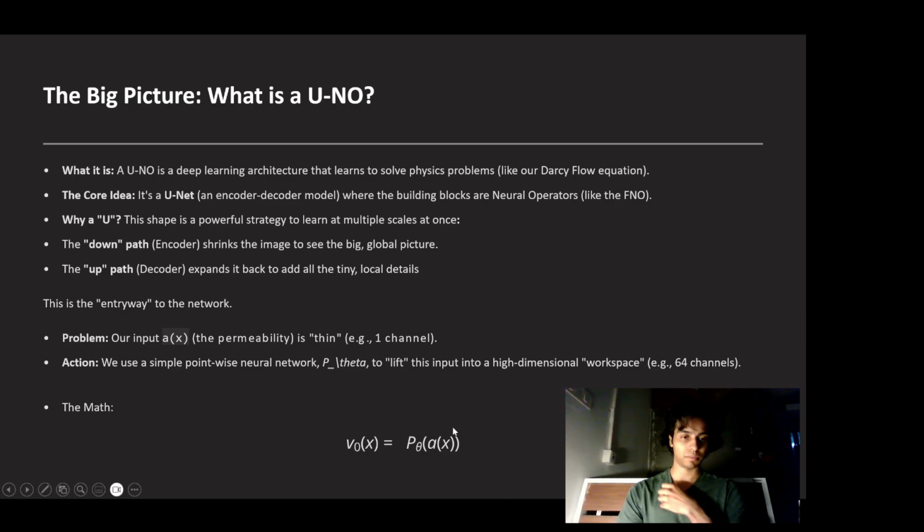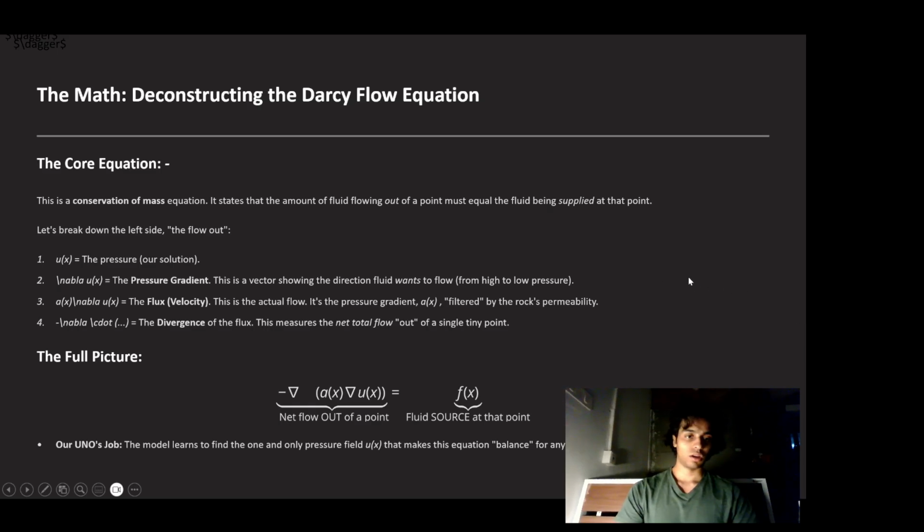This is the index it will be given just now. This V naught X is simply a theta phase change on the input dimensions. This is showing the Darcy flow equation. First, I want to show the Darcy flow equation that we actually have.